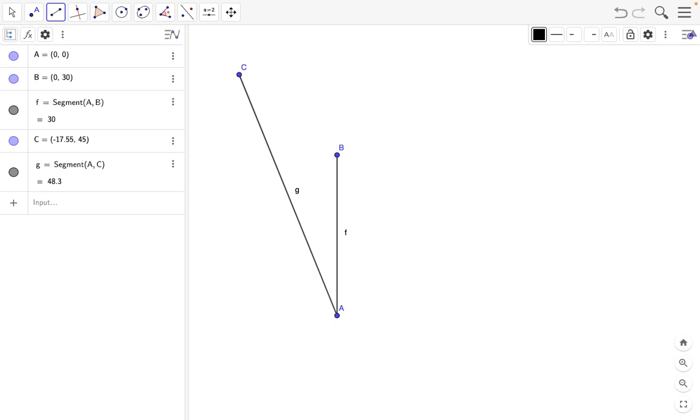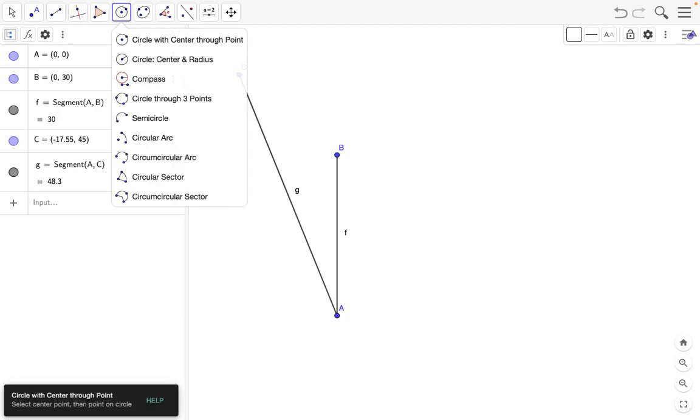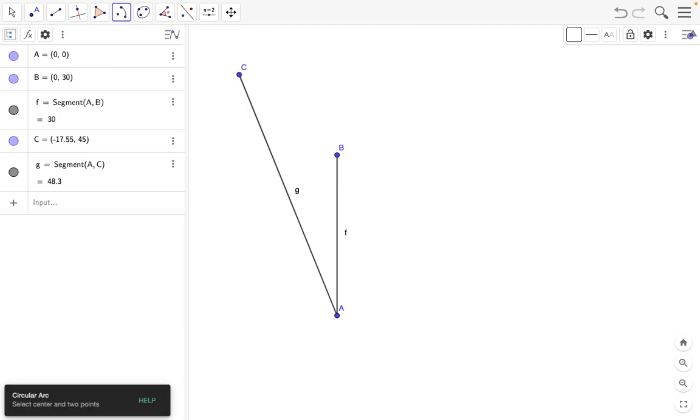Now for dividing this line AC into equal number of arbitrary divisions, I will select the circle with circular arc. I will select any arbitrary radius.